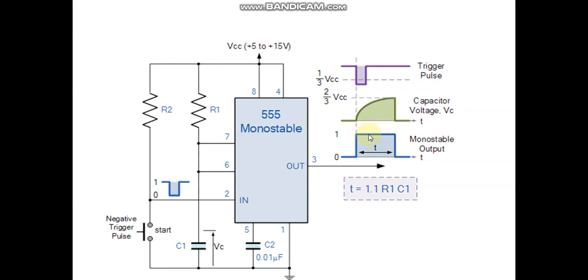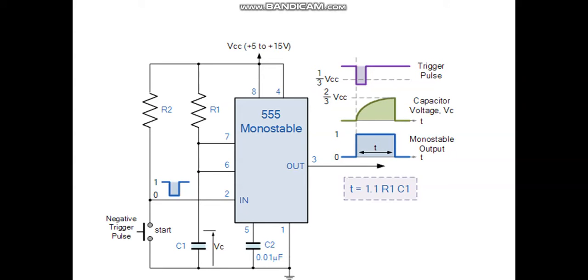You have the pulse during the charging, which is the on period, and this continues until another triggering pulse comes. The voltage across the capacitor will be 0 until another triggering pulse comes, which makes the capacitor charge. So this is the monostable.